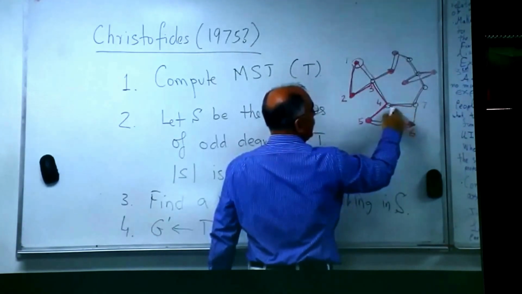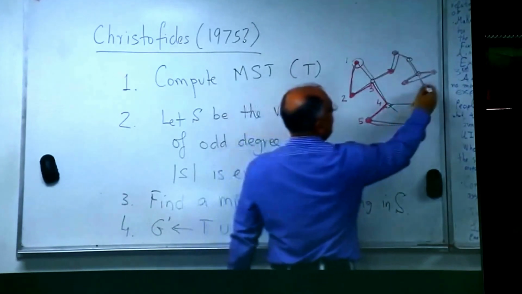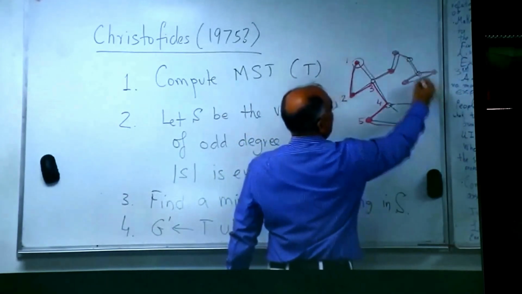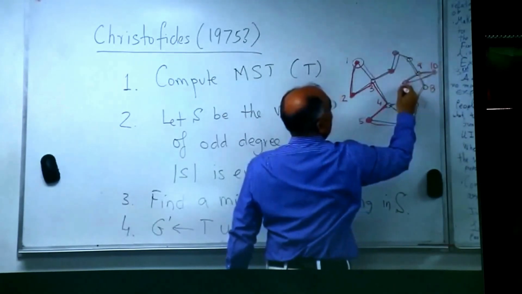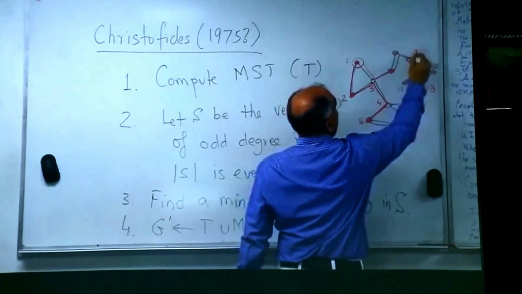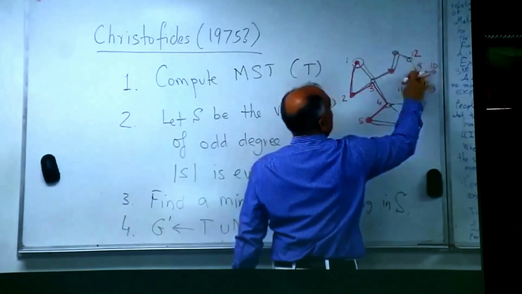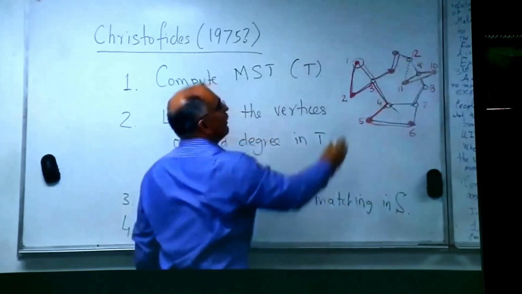So we remove this edge and remove that edge, and then we replace it with the edge going 6 to 7, then from 7 to 8, then from 8 we went to 9, from 9 we went to 10, from 10 we went to 11. Now from 11, rather than going back to 9, we want to go directly to the next unvisited vertex 12. So I'll remove these two edges and shortcut by going directly from 11 to 12.